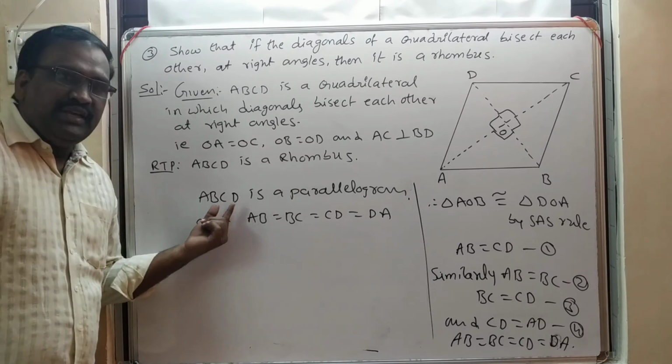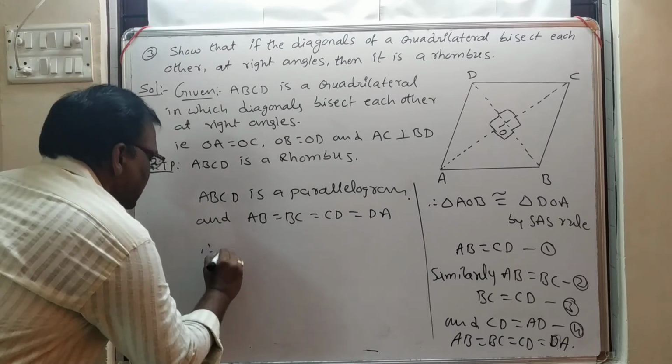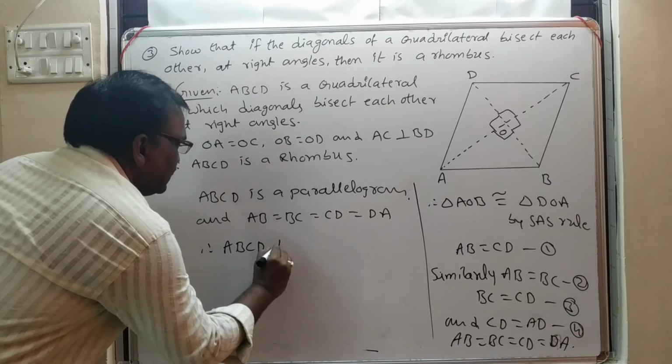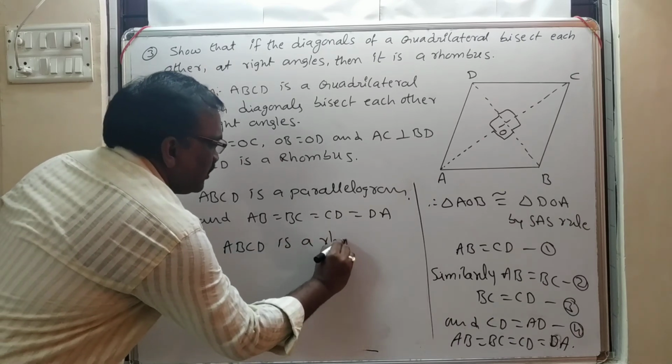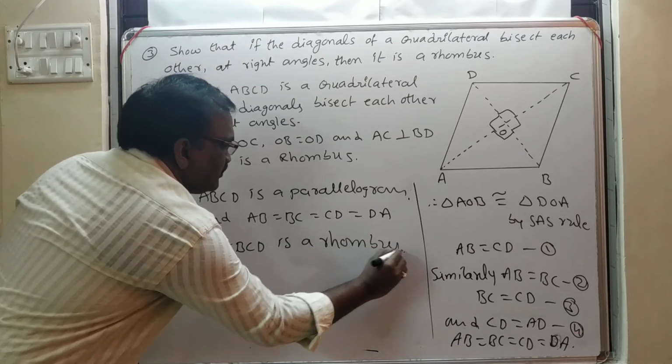Therefore, ABCD is a rhombus. Hence proved.